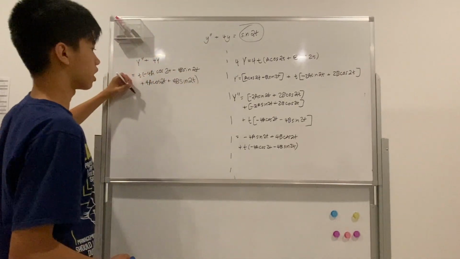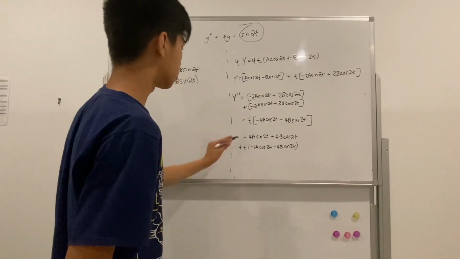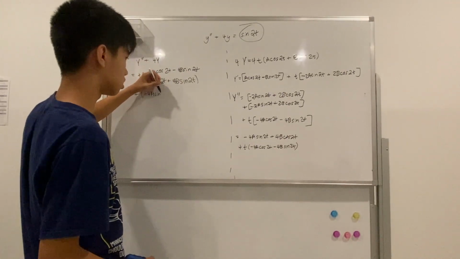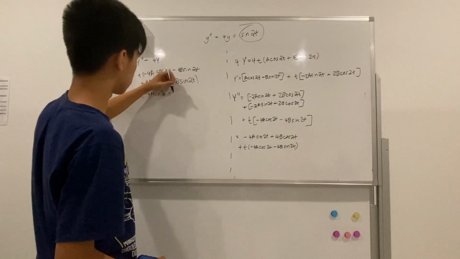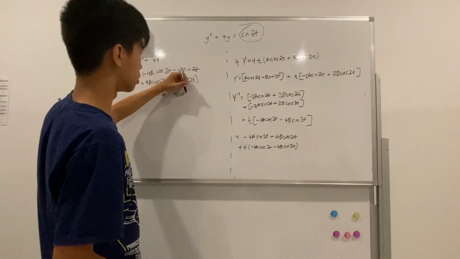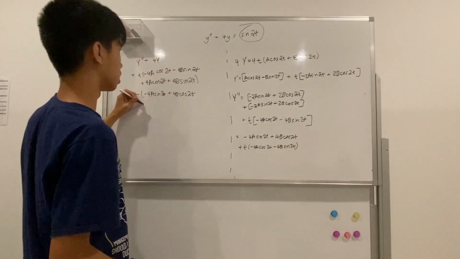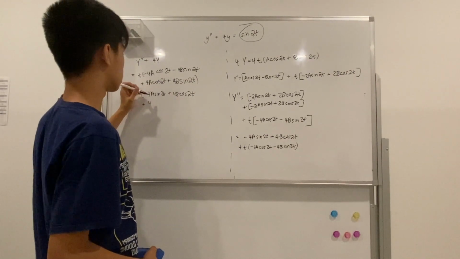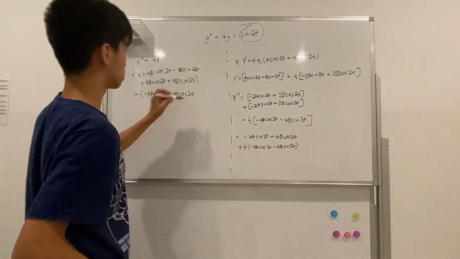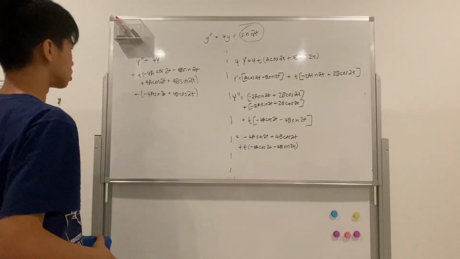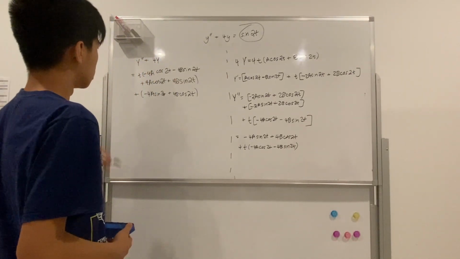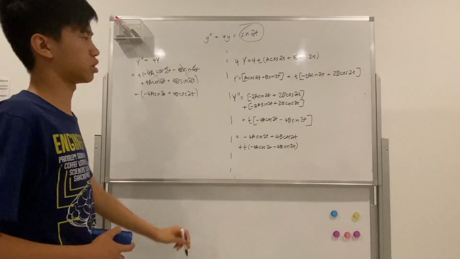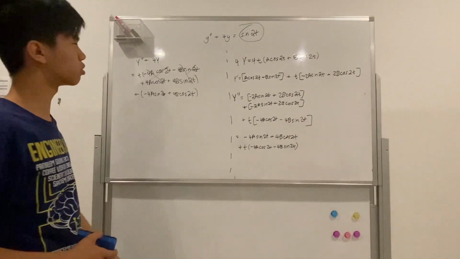And then now we add the non-t terms, so negative 4a sine of 2t plus 4b cosine 2t. Okay, so when you add these up, these cancel out because negative plus positive is just 0.